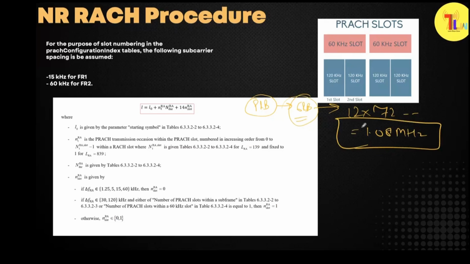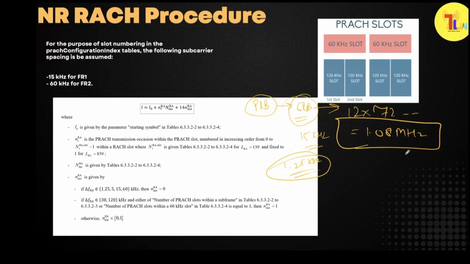But I don't need the subcarrier spacing of these root sequences to be 15 kilohertz. I can deal with 1.25 kilohertz also, because I just need to create orthogonality.